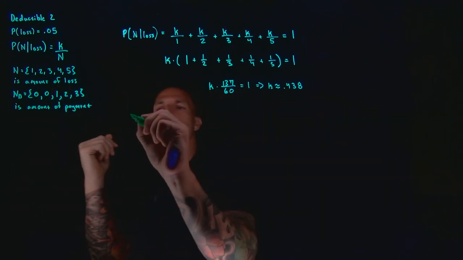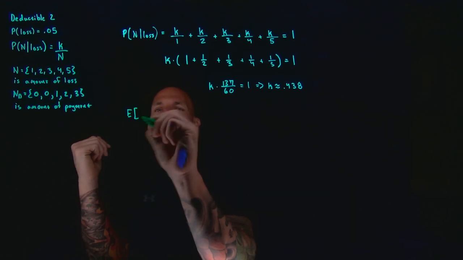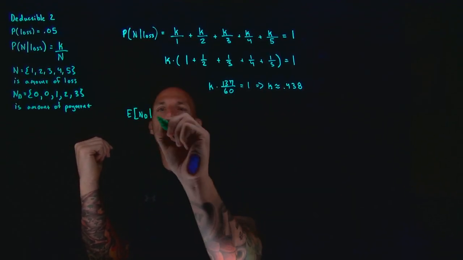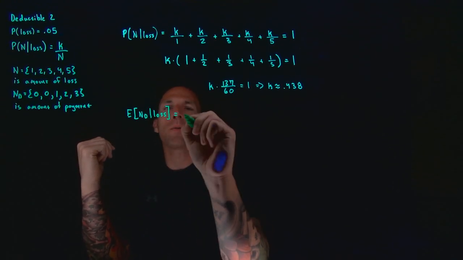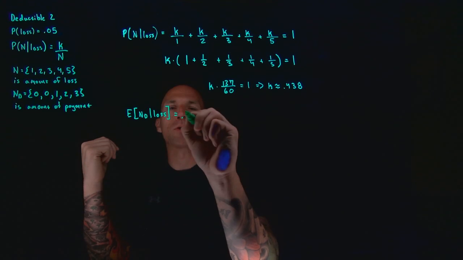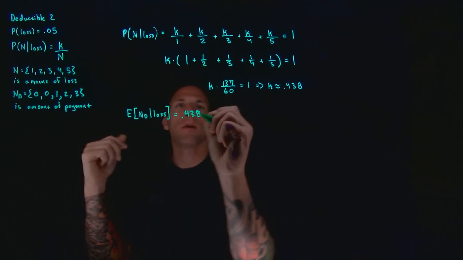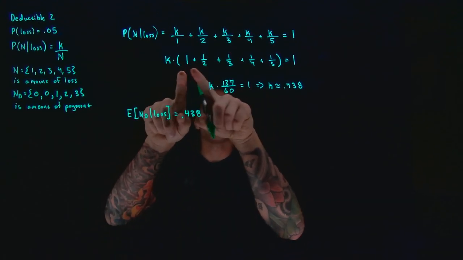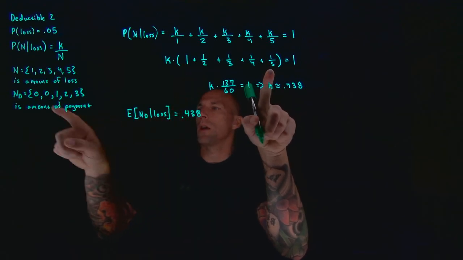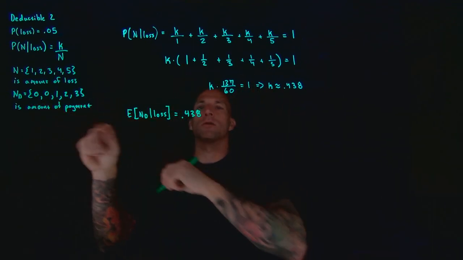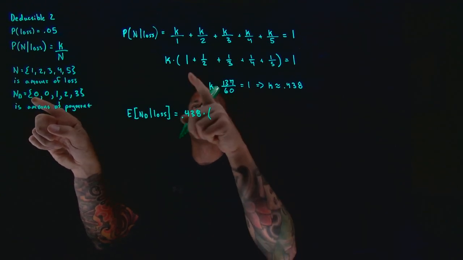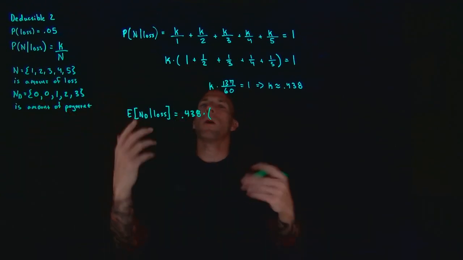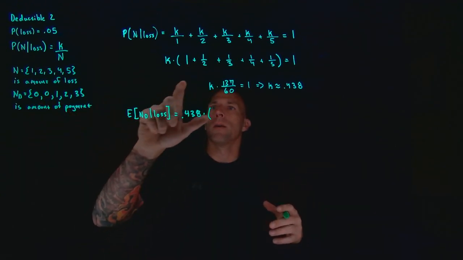So that's going to be very similar. We have the expected value of the amount of payment given that there was a loss will be equal to the constant of proportionality that we just found. And then we'll take this chain of probabilities and multiply them by these amounts of payment. So we have 0 times 1, and you can see why a deductible was applied here.